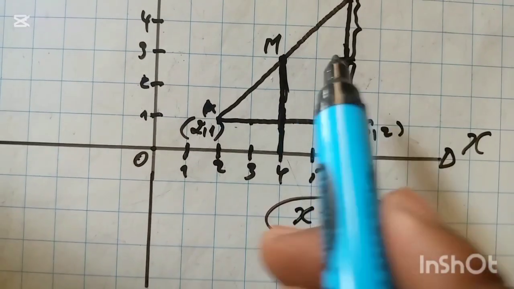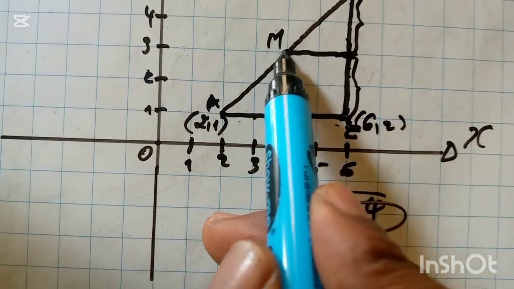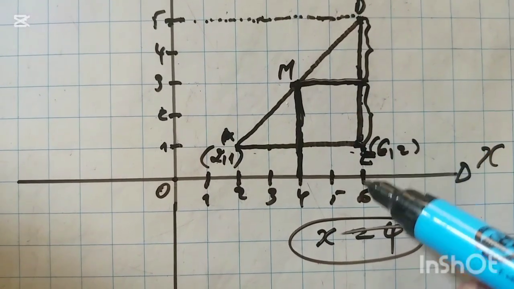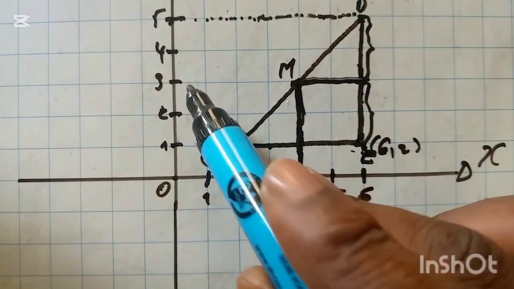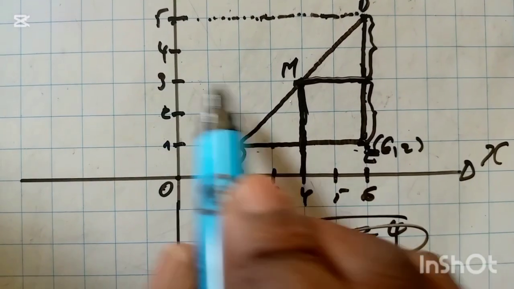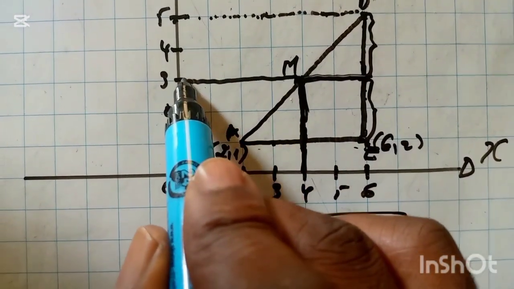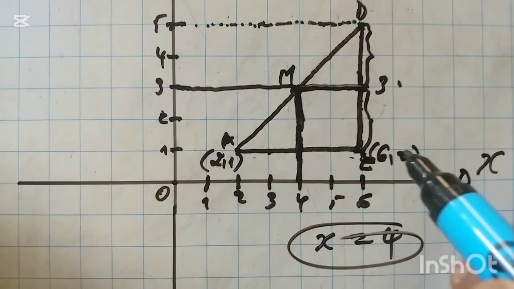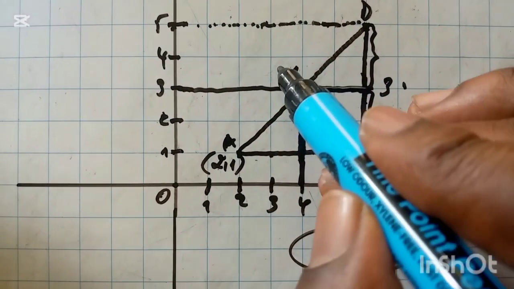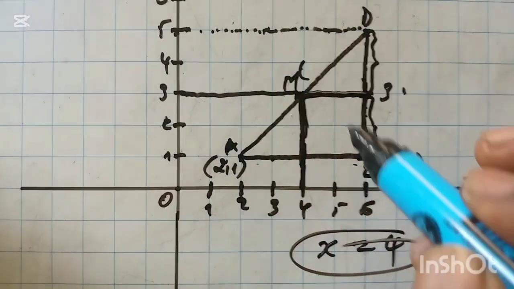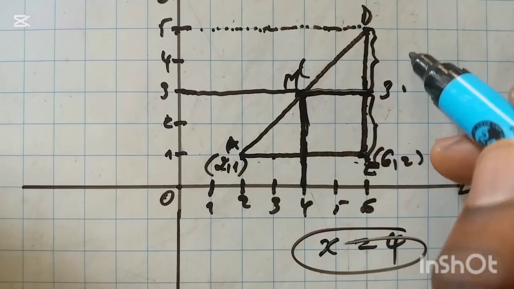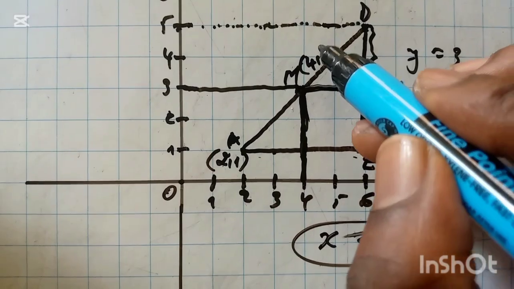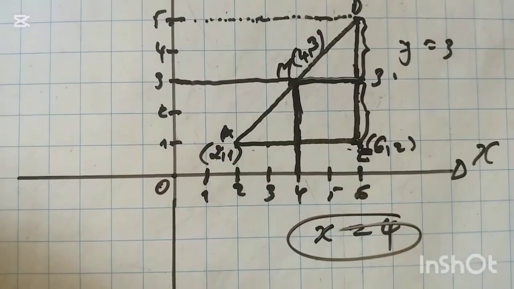So by drawing a line here, you see, the coordinate here will be 6 and 3. I have y which is 3. Now my y here is 3. It means that this M has coordinates x which is 4 and y which is 3.